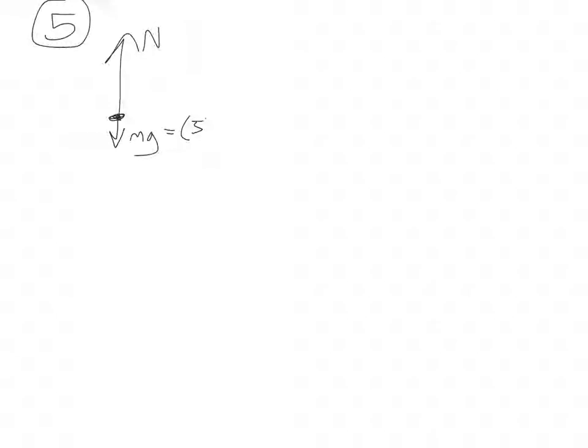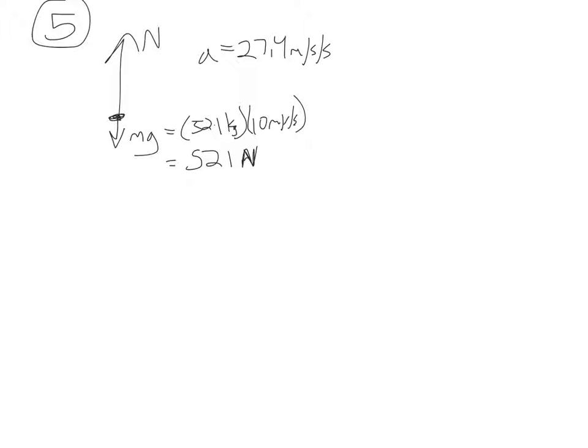So that's 52.1 kilograms times 10 meters per second. That physics student weighs 521 newtons. With an upward acceleration of 27.4 meters per second, right at the end there, slowing them down.